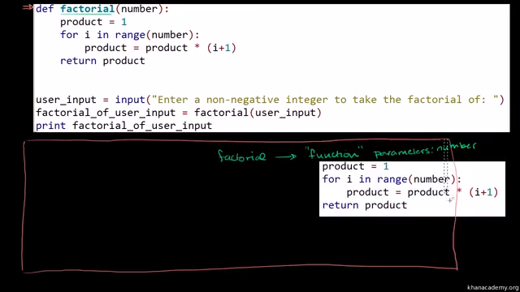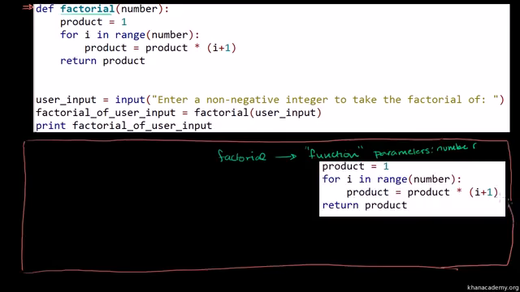One of the parameters is number, and then that orange box goes around the whole thing. That's a green color. All right, here we go.